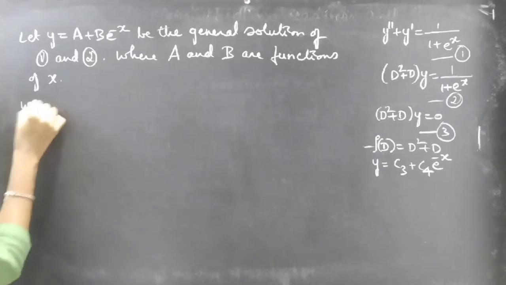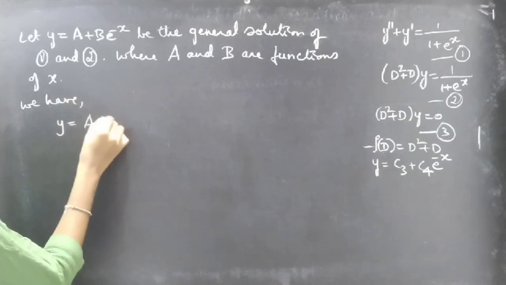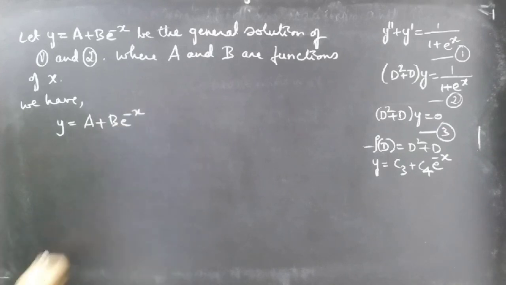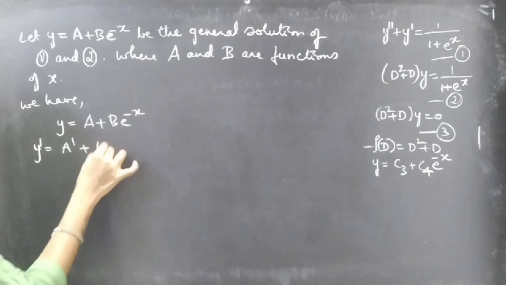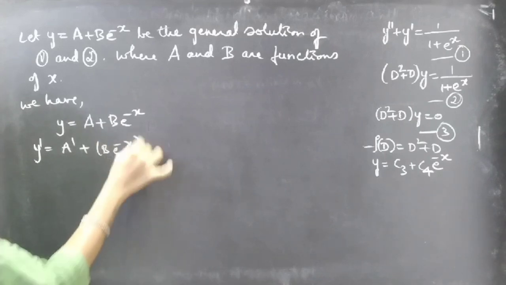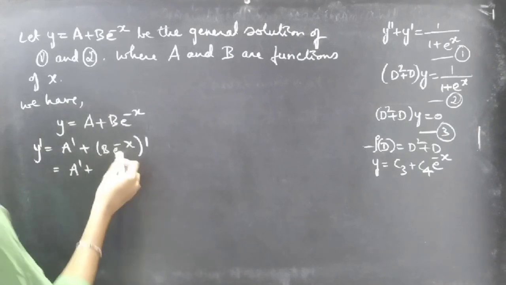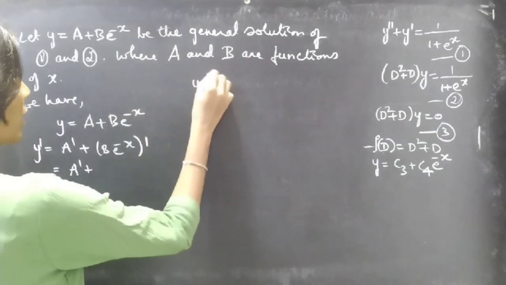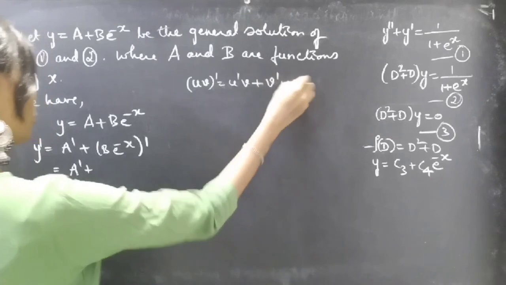We have y equal to a plus b e power minus x, right? Let's find y dash. Y dash equals to a dash plus b e power minus x whole dash. This equals to a dash plus, here we are having two functions, we need to find derivative of two functions, right? Product of two functions. So we are going to apply uv whole dash formula, which is u dash v plus v dash u.